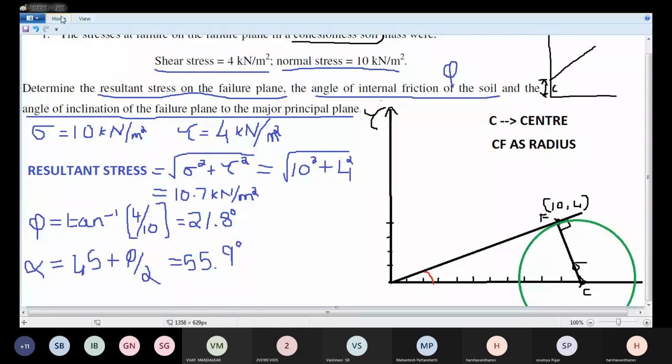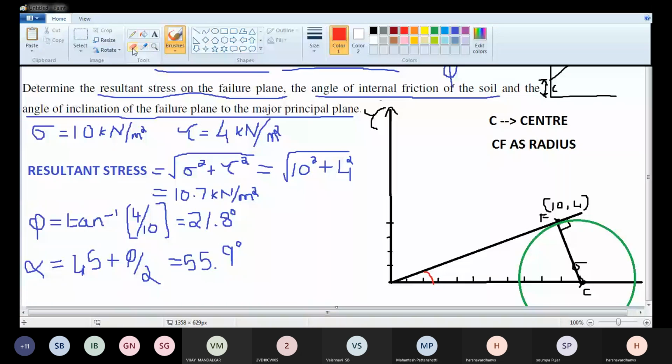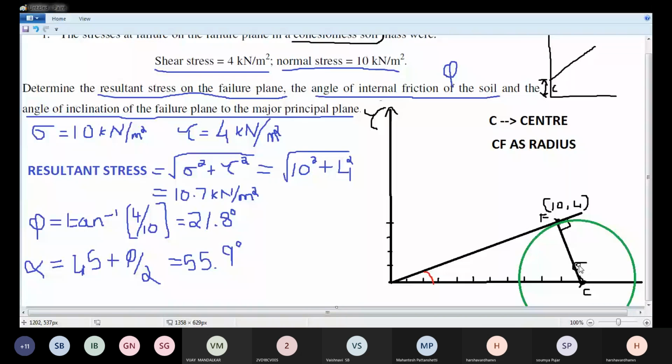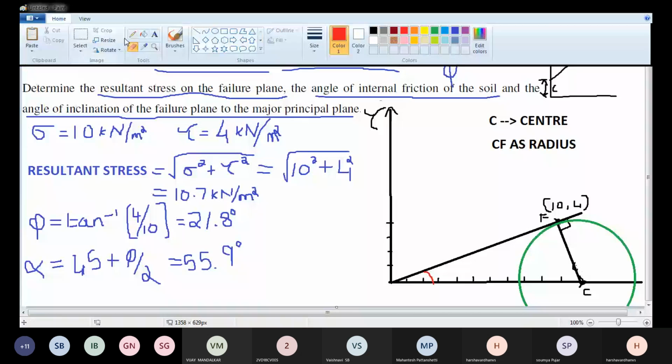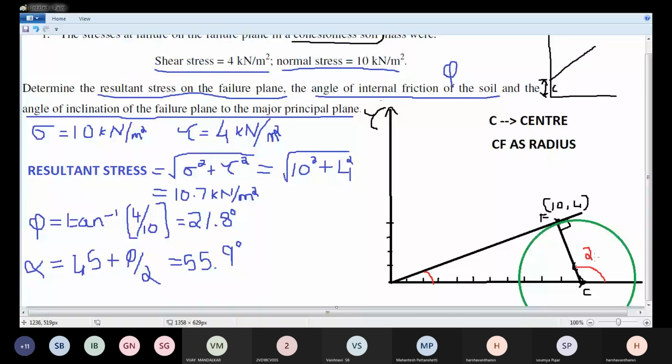This angle is 2 times alpha. If you measure that angle with a protractor, it will give us 2 alpha, and if you halve it, you will get the value of alpha.